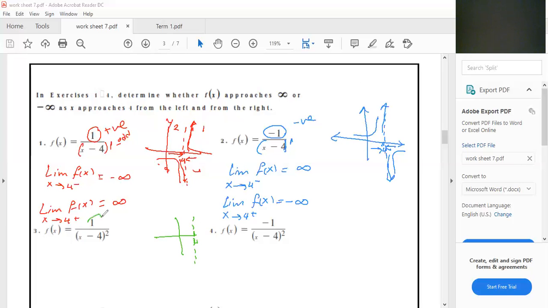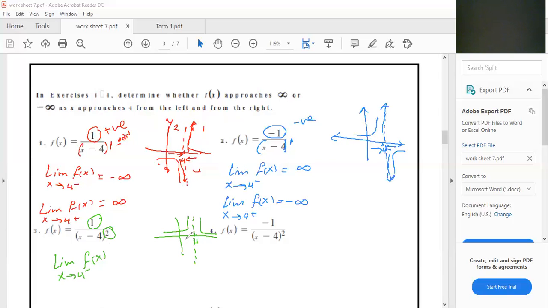Since the numerator is positive and the power is even, here 2, both parts of the curve of this function will be drawn in the first and second quadrants.